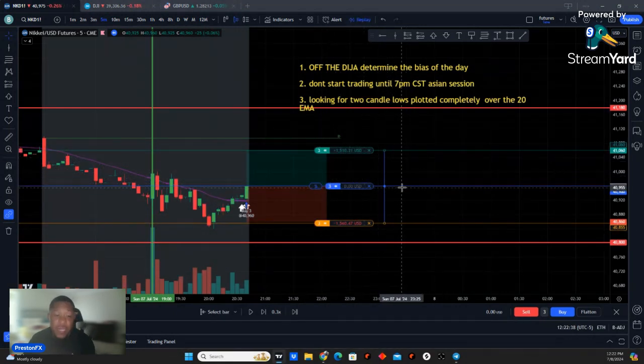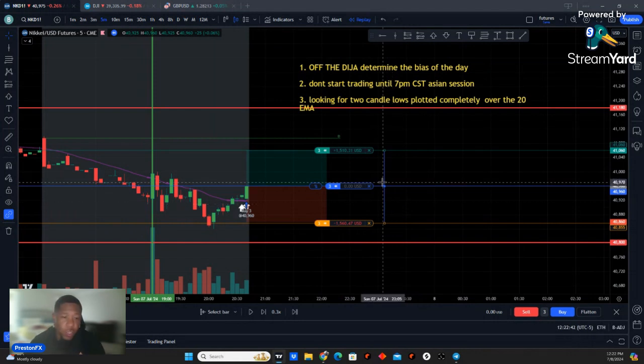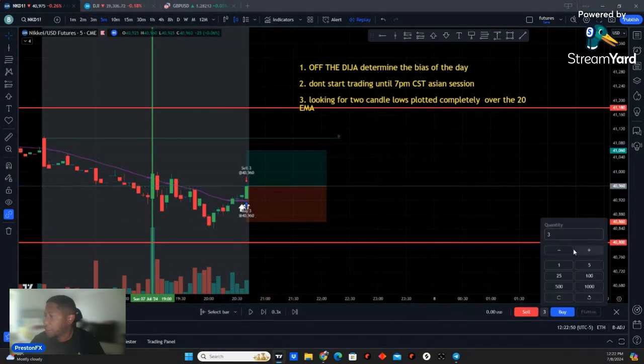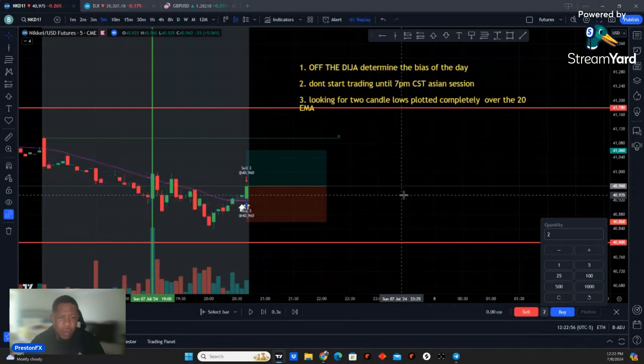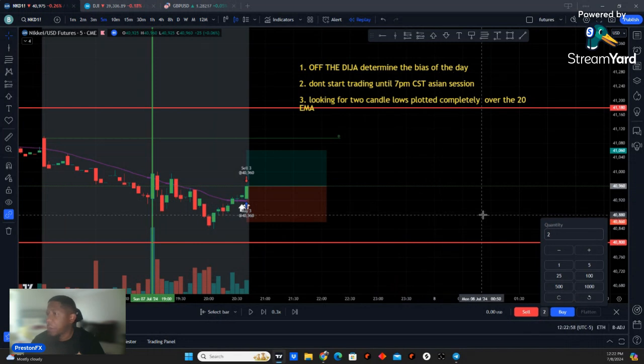So at the end of the day, your consistency profit target is going to go up. So you want to make sure you risk properly. All right, make sure you risk properly. So with this being said, since Nikkei, I can't remember the tick value. I think it's like 25 a point or 50 a point, something like that. I can't remember. We can go to CME and figure it out.